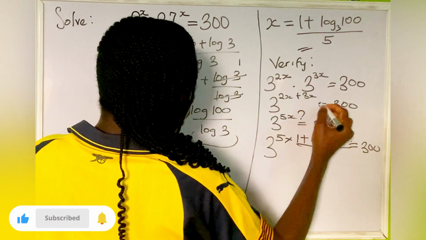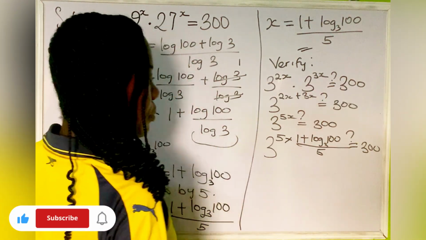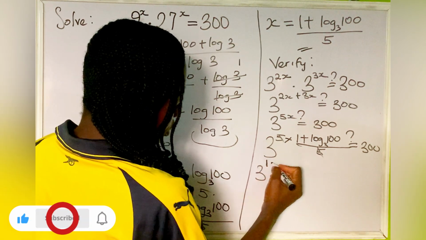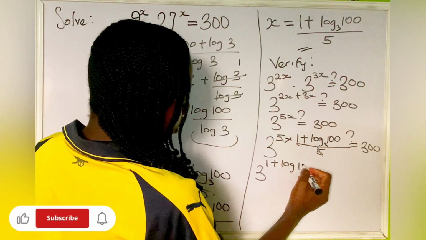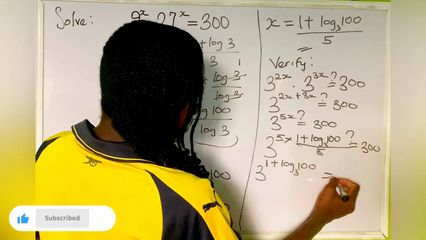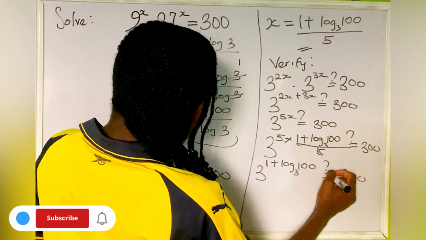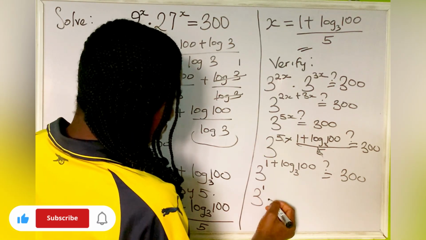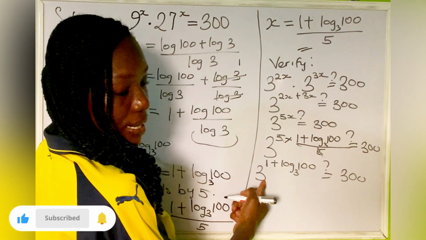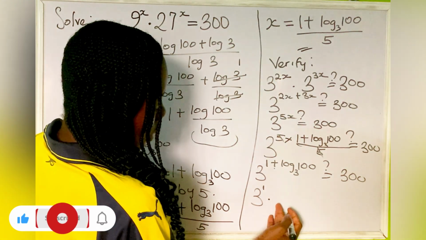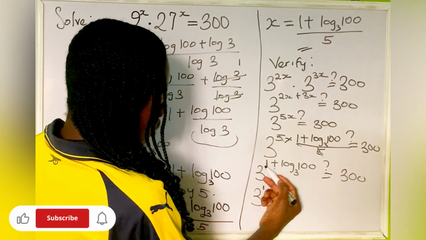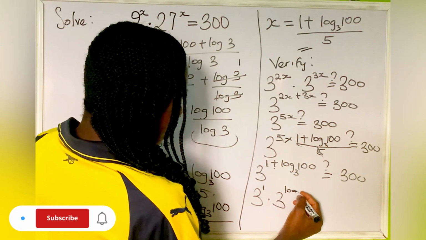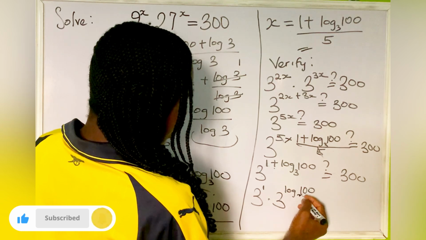We are doing a check. Is it equal to 300? You can see that this 5 can cancel 5. So we are left with 3 to the power of 1 plus log 100 base 3. Is it equal to 300? So this is 3 to the power of 1 multiplied by 3 to the power of log 100 base 3, because the plus becomes a multiplication.